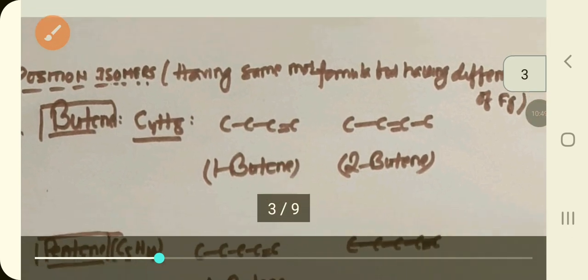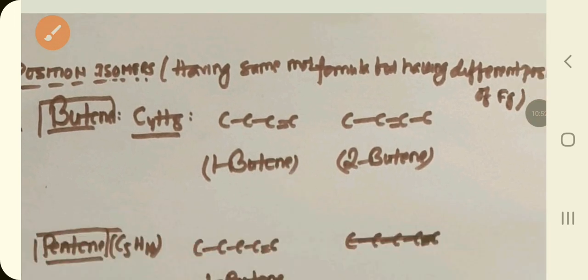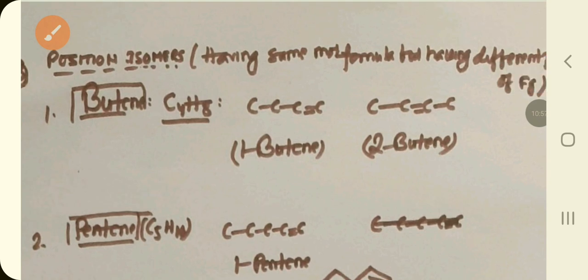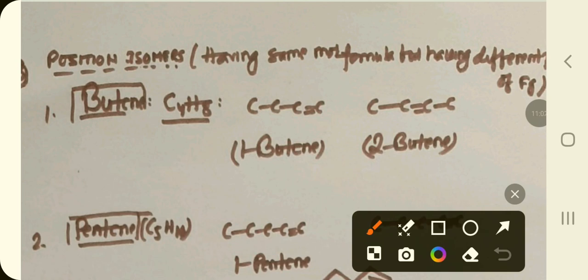Now after this we have another very important type of isomers, and that is position isomers. You must remember only one thing: the molecular formula of the organic compounds will remain the same, but the position of the functional group or double or triple bond does not remain constant, that is, their position changes.